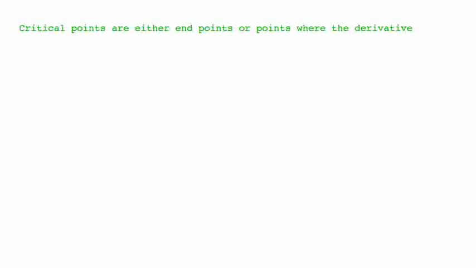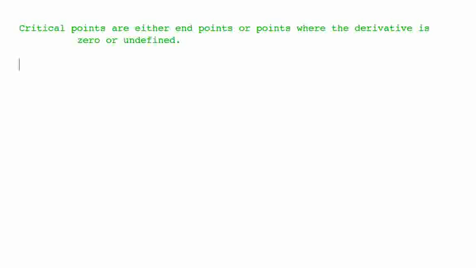Okay? So the next question is, well, what is a critical point? Critical points are either endpoints or points where the derivative is 0 or undefined.